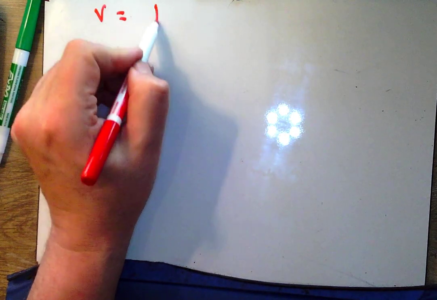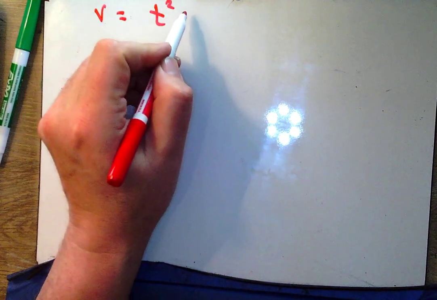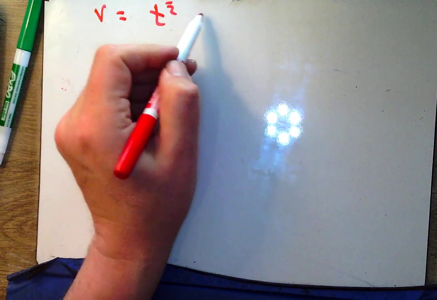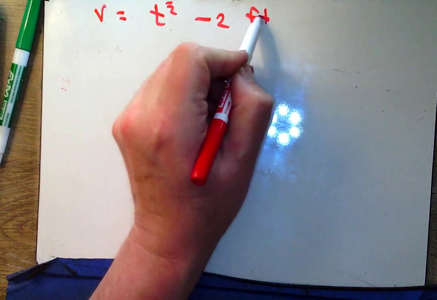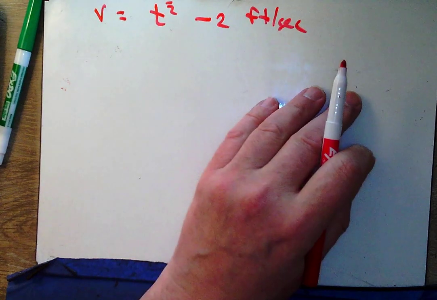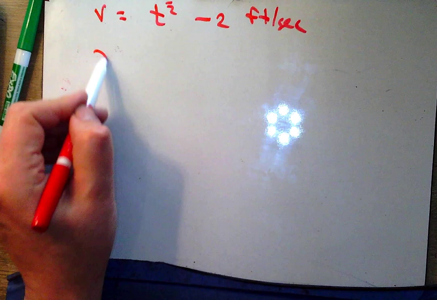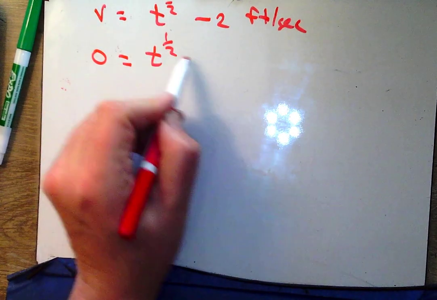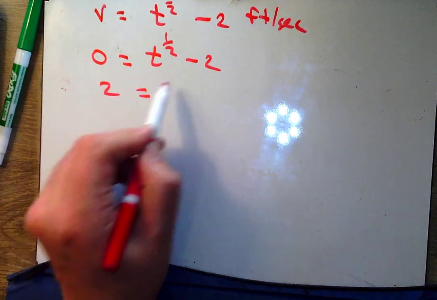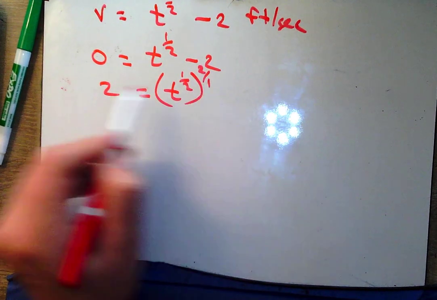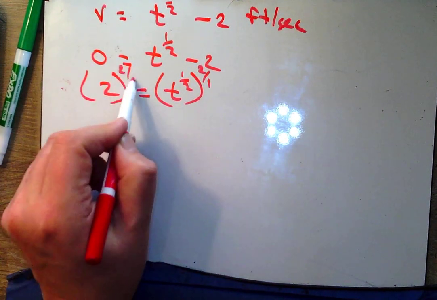All right, 5. Sarah's velocity is given by t to the 1/2 minus 2, measured in feet per second. When would her velocity be 0? All right, 0 equals t to the 1/2 minus 2. 2 equals t to the 1/2. Raise both sides to the 2 over 1 power.